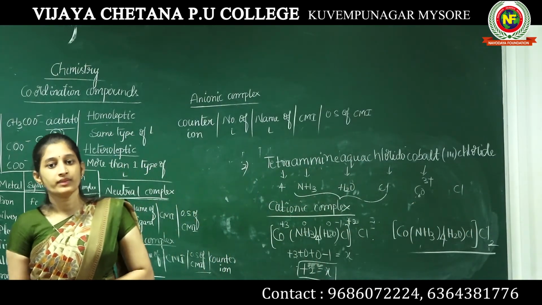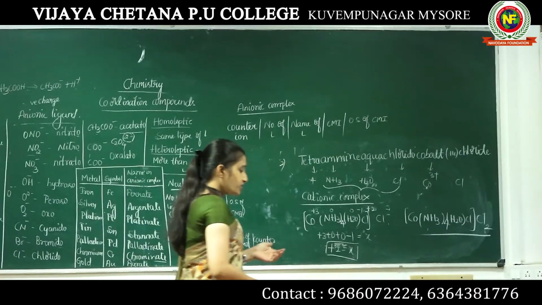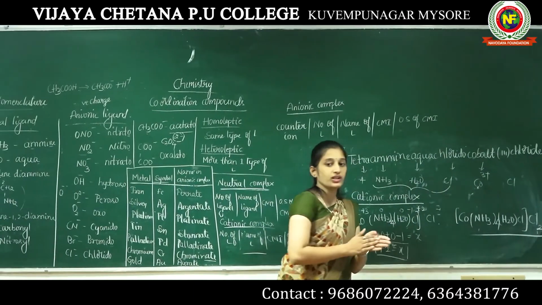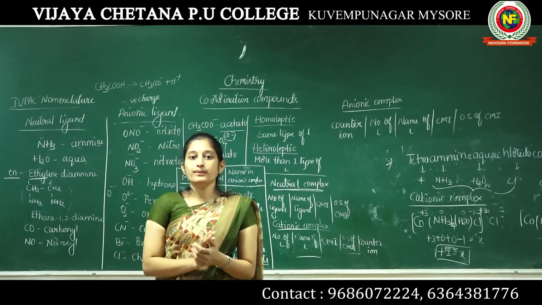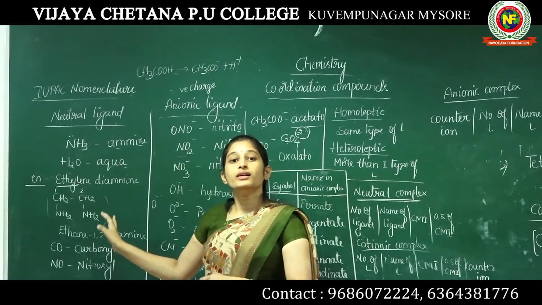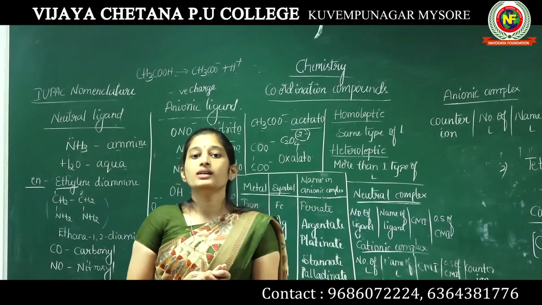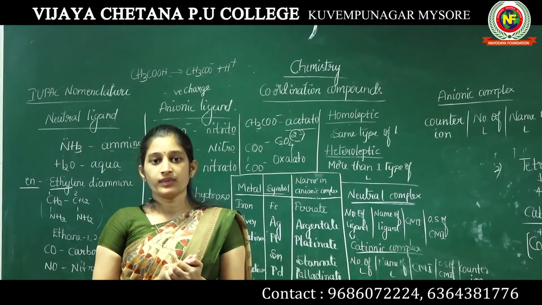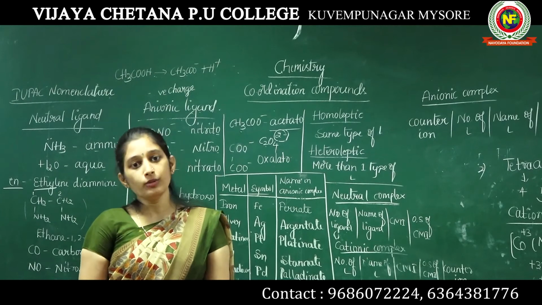Is it clear? Just try to solve some other examples. Understood? Today, especially in this session, we come to know how to name the coordination complex. First, you should know the ligand names. It may be neutral ligands or anionic ligands. Neutral ligands never carry any charge, but contain a lone pair of electrons.